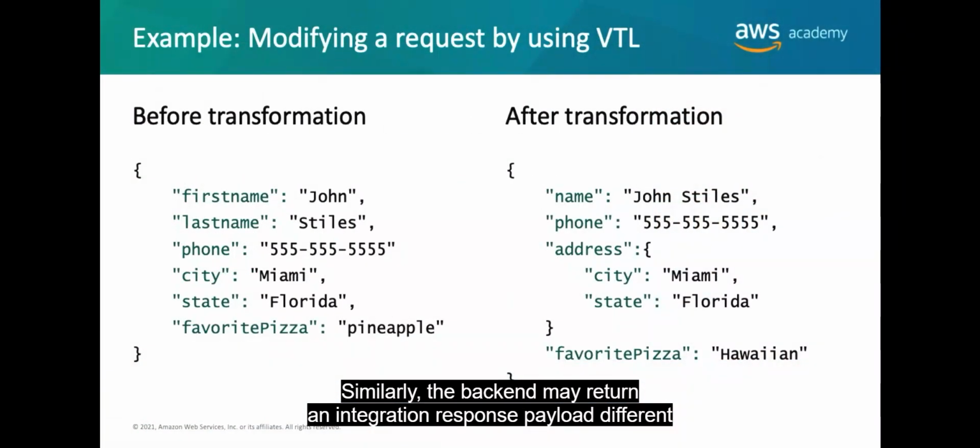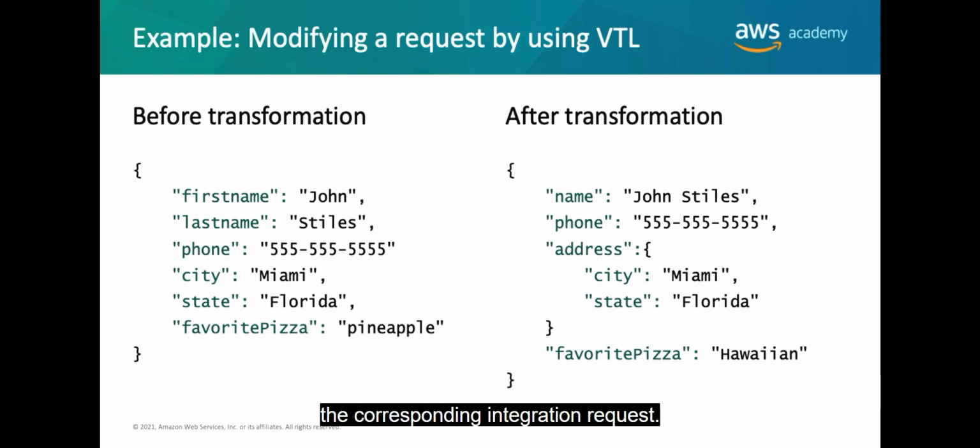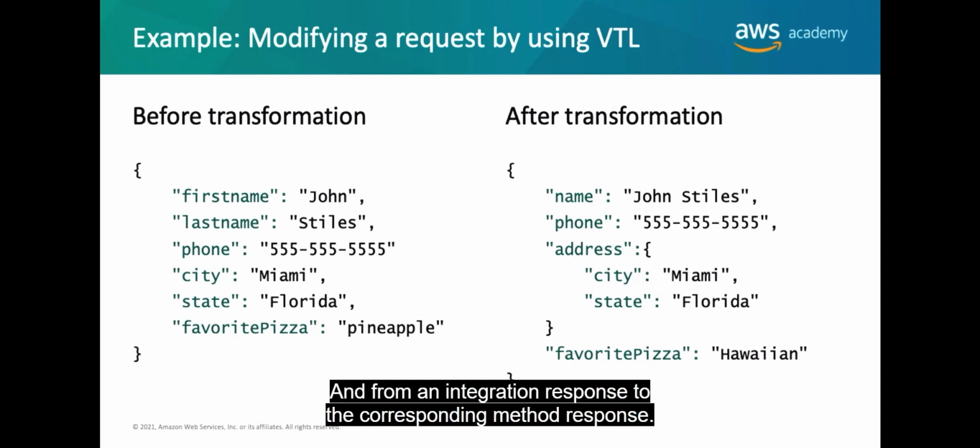Similarly, the backend may return an integration response payload different from the method response payload as expected by the front end. You can use mapping templates to map the payload from a method request to the corresponding integration request, and from an integration response to the corresponding method response.